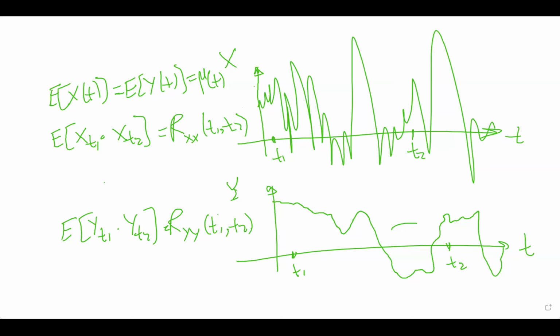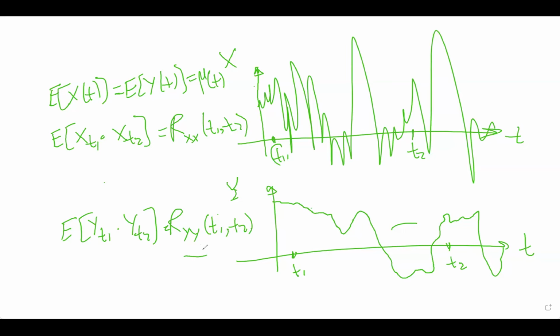The autocorrelation means the relation between the signal at t1 and itself after some time, at t2. It is clear that the autocorrelation in the case of x will be less than the autocorrelation in the case of y. Why did this happen?